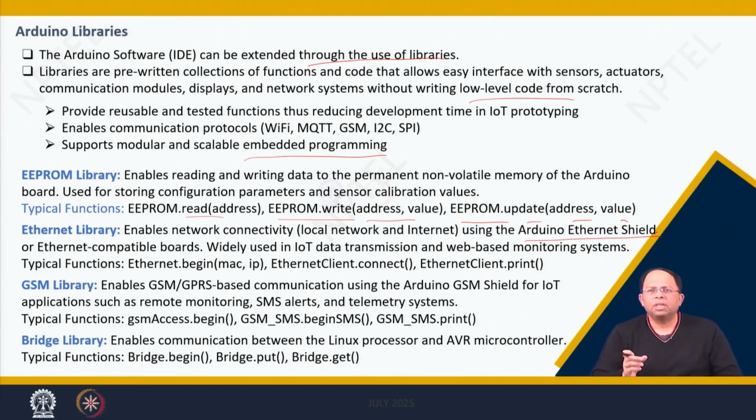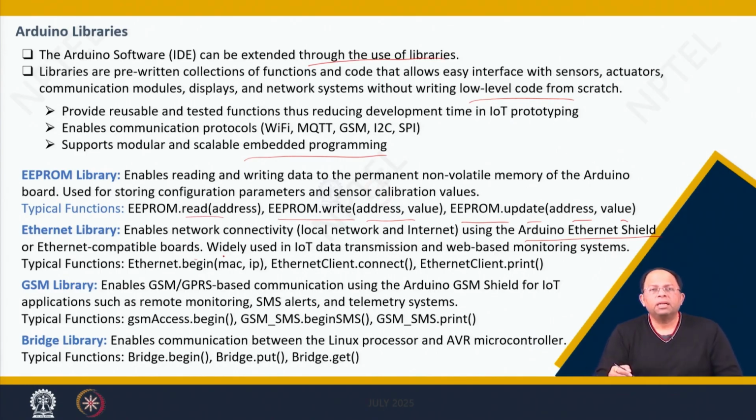So we use the term shield, and this is a separate circuit which has to be added. When you do that, then this Arduino can also communicate via this, and connect to the network. So this Arduino Ethernet shield or Ethernet compatible boards could also be widely used in IoT data transmission and web-based monitoring systems.